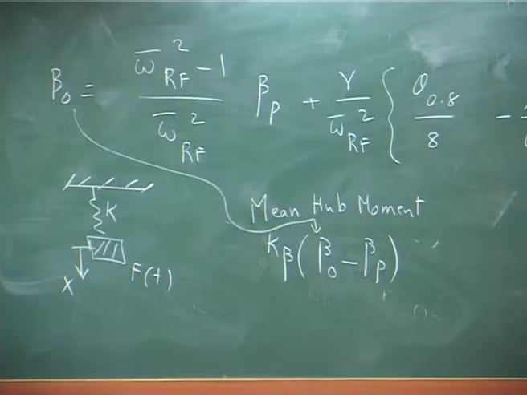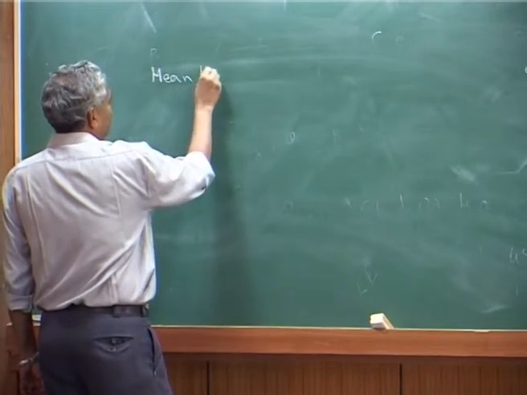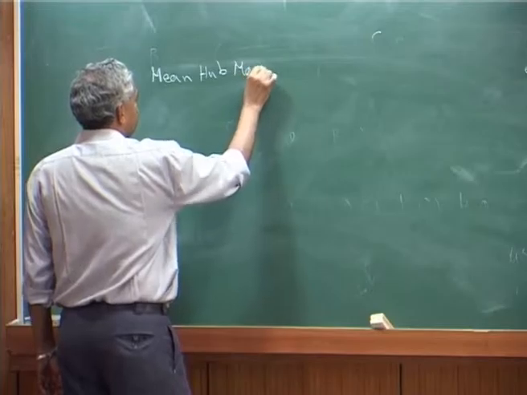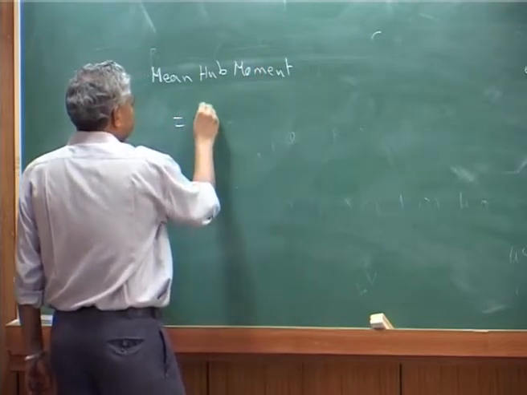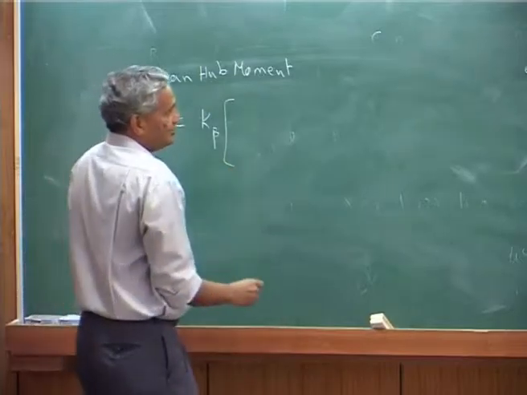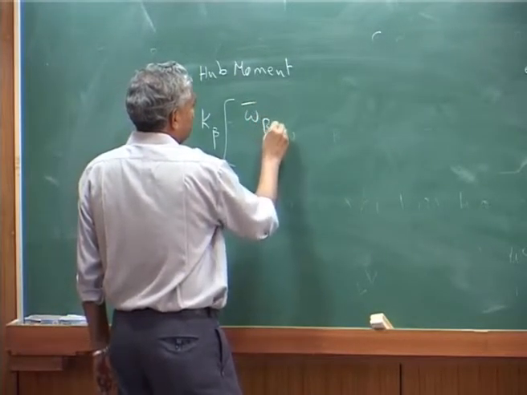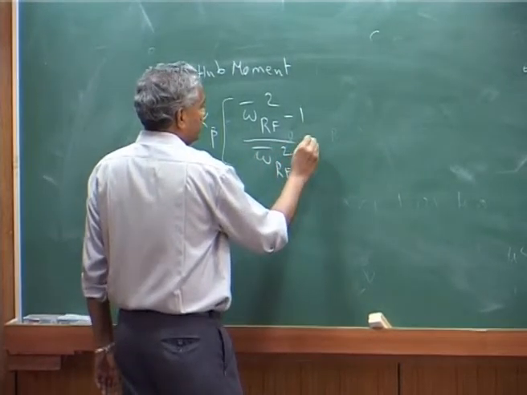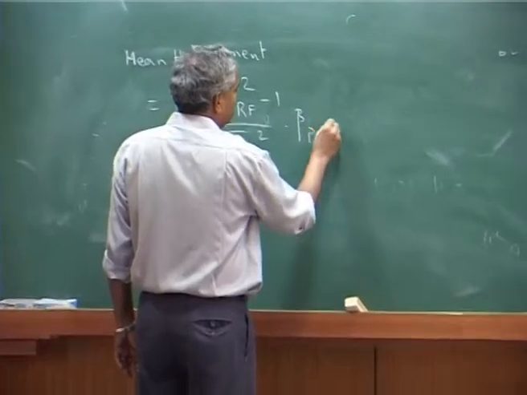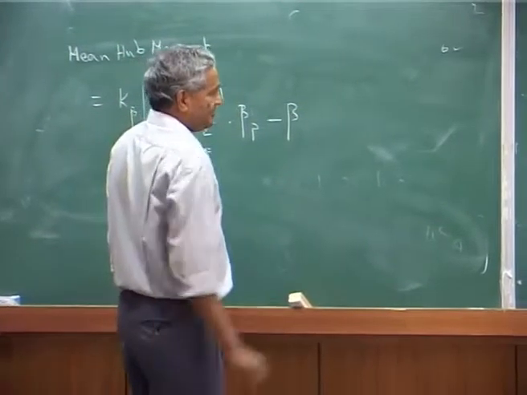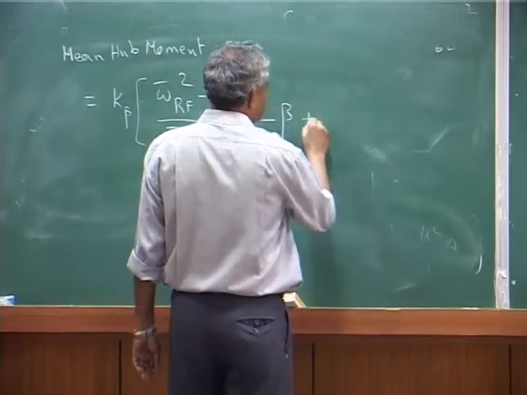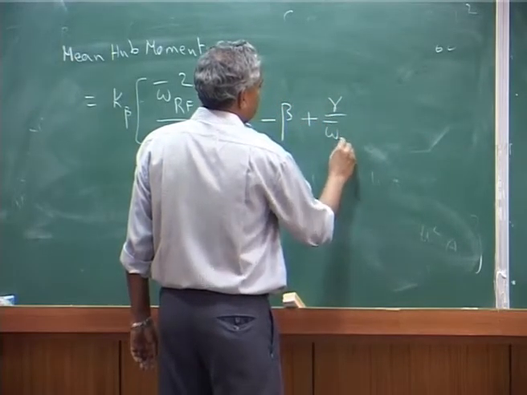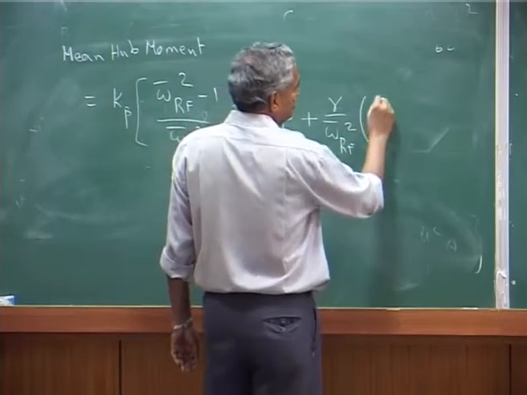If I substitute that, my mean hub moment will become k beta, you will have omega bar R f square minus 1 into beta p, 1 minus beta p, then of course, the other term plus gamma over into theta.